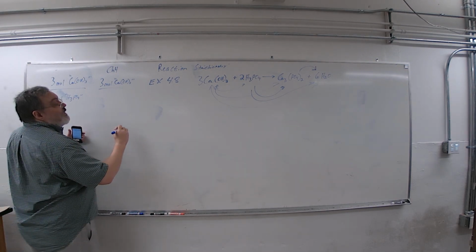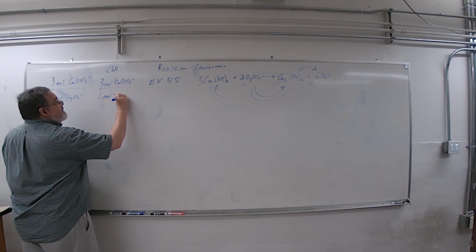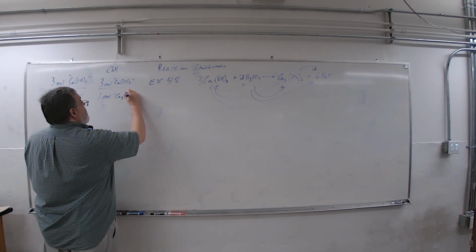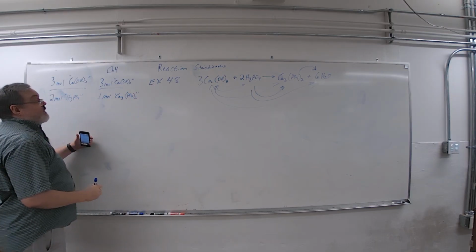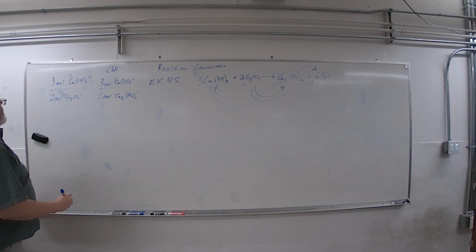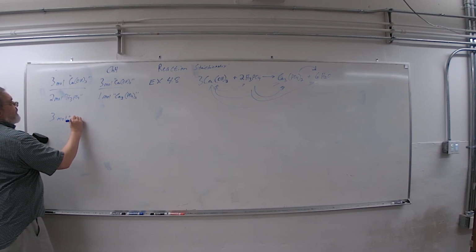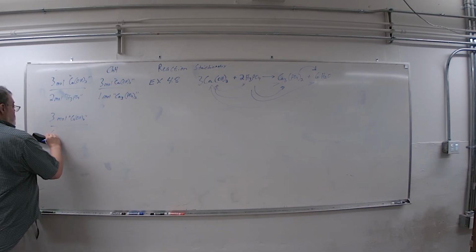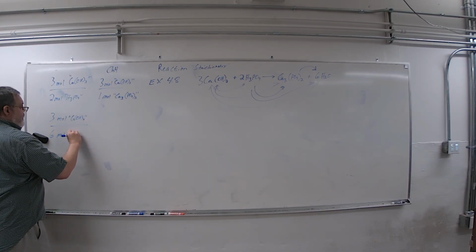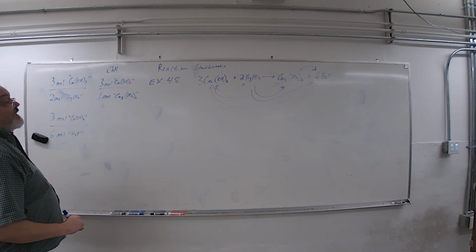Yeah, that's right. 1 Ca3(PO4)2. There's 2 of the relationships. There's 1 more of these with Ca(OH)2, to 6 moles of H2O. Since there's 6, so that's the first 3.